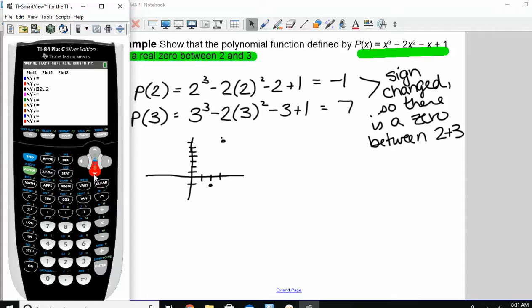You need to go to your y equals and type in your function, x cubed minus 2x squared minus x plus 1.